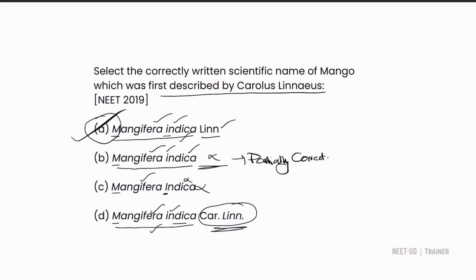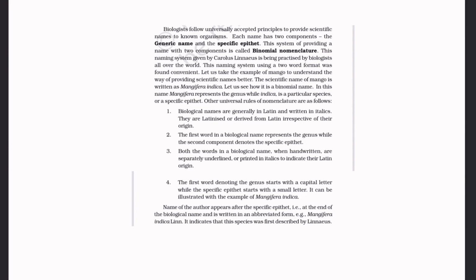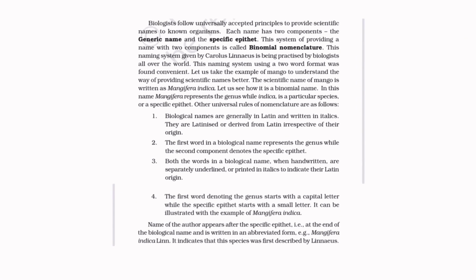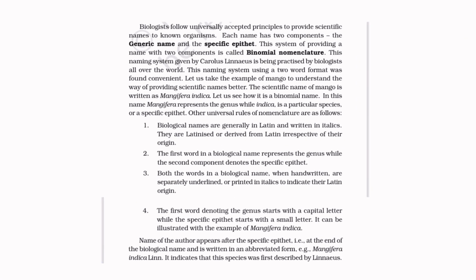It is a direct question from the textbook. Exactly the same example was given in the textbook. Mangifera indica. Let's learn the lines from the textbook. Biologists follow universally accepted principles to provide scientific names to known organisms. Each name has two components, generic name and specific epithet. The system of providing name with two components is called binomial nomenclature.